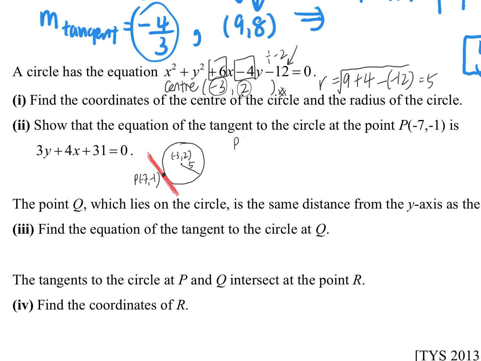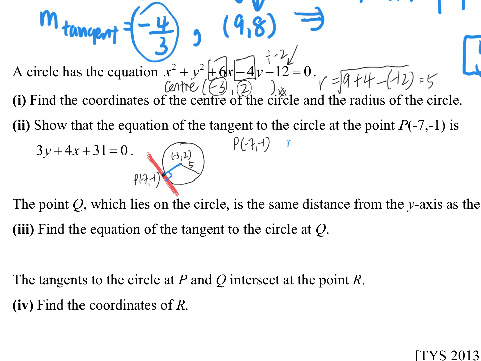So the point P is known to you already, no problem. What you need is the gradient of the red line. So always remember that tangent is perpendicular to radius. So in order for you to find the gradient of the tangent line, go and find the gradient of the radius line first.